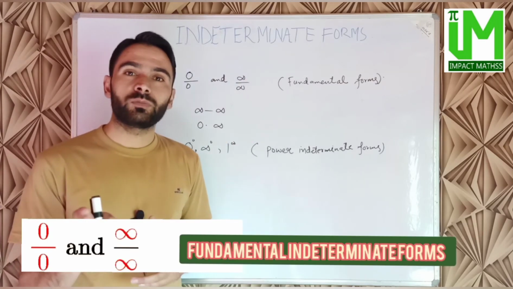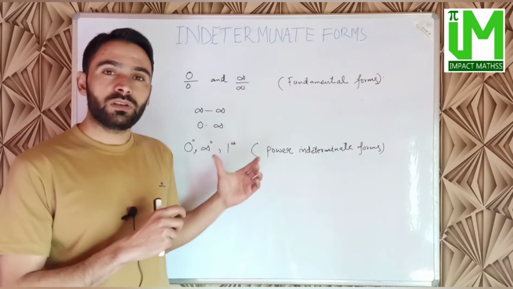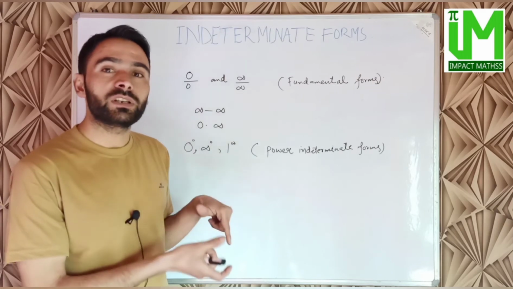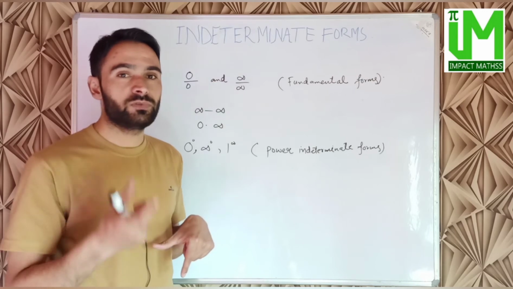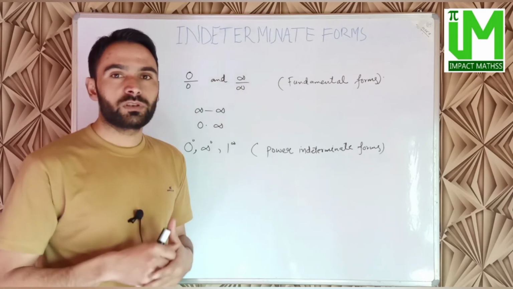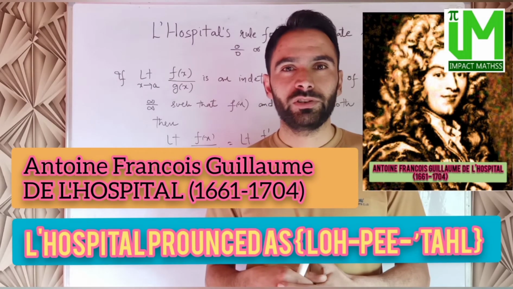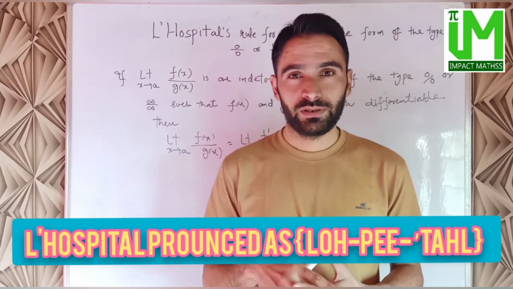The first 2 forms are so called fundamental indeterminate forms because the last 5 are simplified by first converting them to fundamental forms of the type 0 by 0 and infinity by infinity, and then they are solved by using the L'Hopital rule.